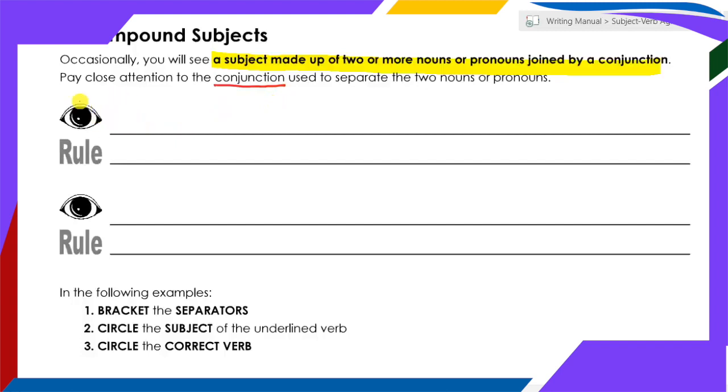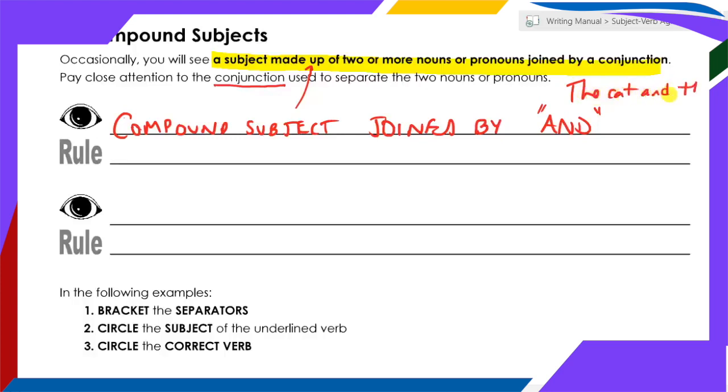Let's write down the major tip-off clues for this particular variation of the rule. Let's write down compound subject. Remember that a compound subject is a subject made up of two or more nouns or pronouns joined by a conjunction. So, a compound subject joined by and, like the cat and the dog, or Mark and I. Two nouns, cat and dog, or a noun and a pronoun, Mark and I, joined by and.